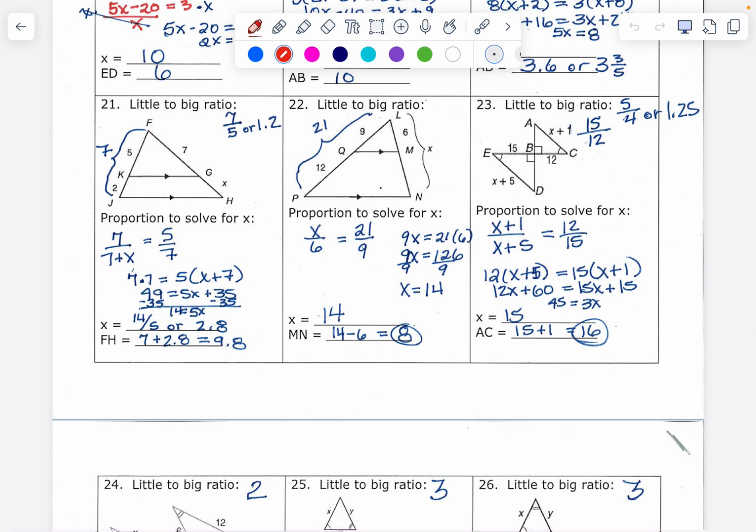X was 14/5, or 2.8, and then FH is 9.8. Number 22 is 14 for X, 8 for MN. Number 23 is 15 for X, 16 for AC.